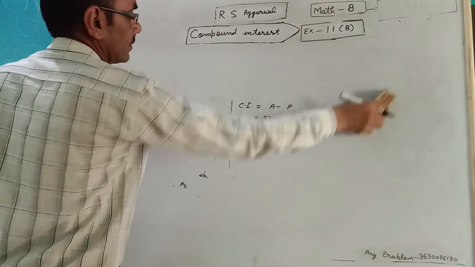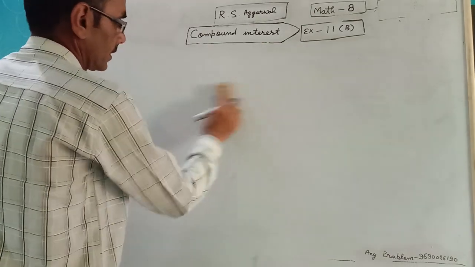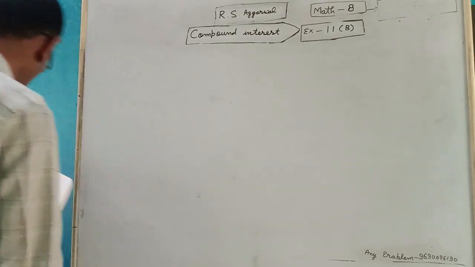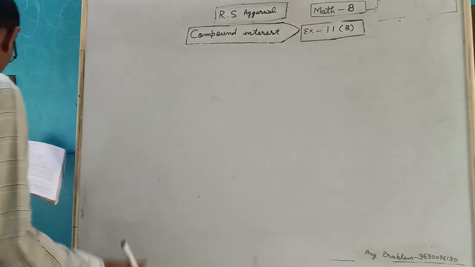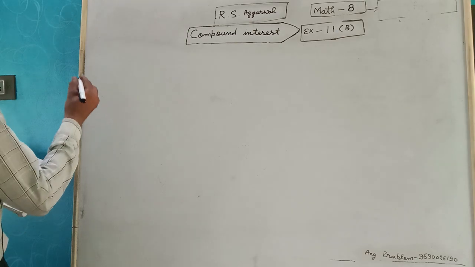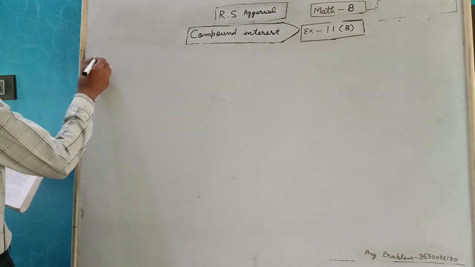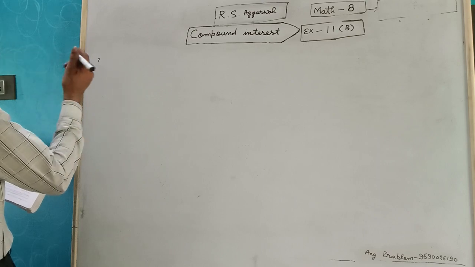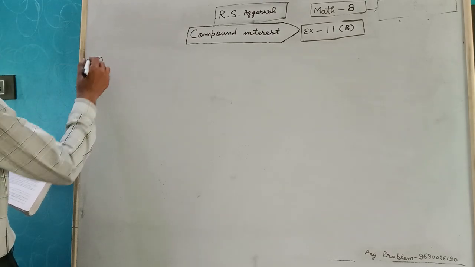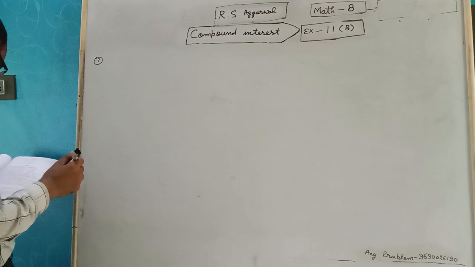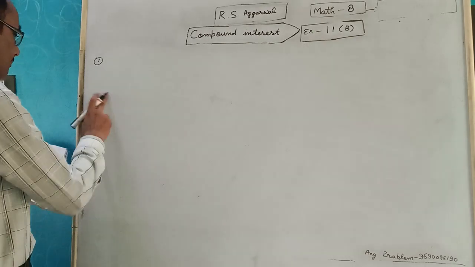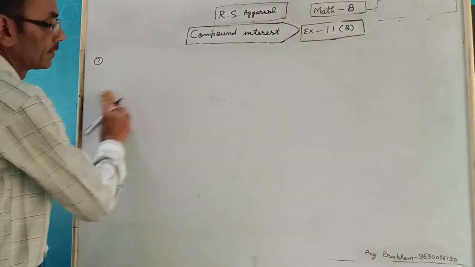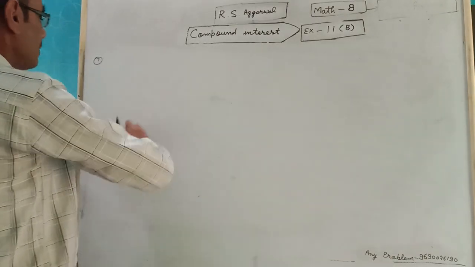Question 7 is the first question. You put the value in the direct formula. Question number 7: find the amount.